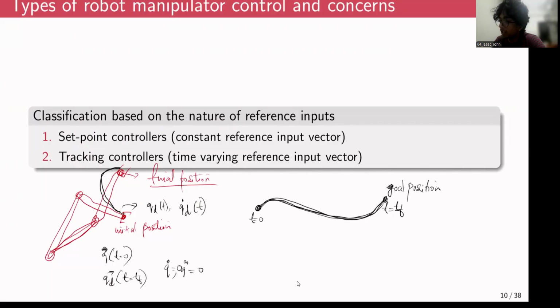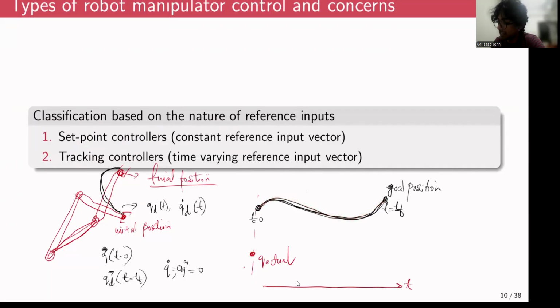But then more often, you will find your initial position of your robot at time t equal to 0 is your actual position of your robot, q actual. So as the time evolves, if you consider this to be the time axis, your robot's trajectory should converge to the desired trajectory.